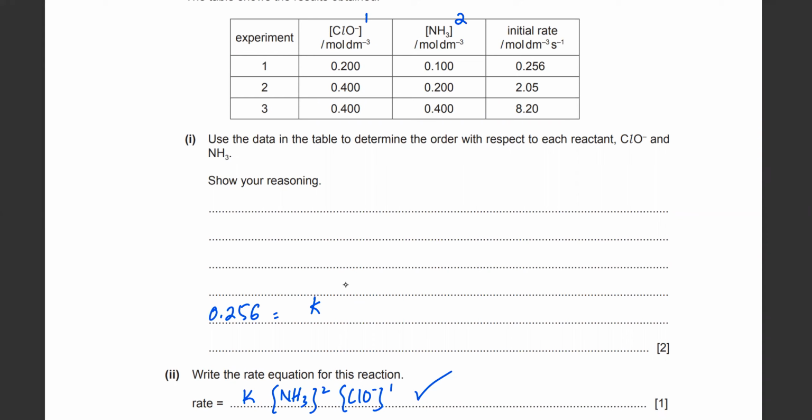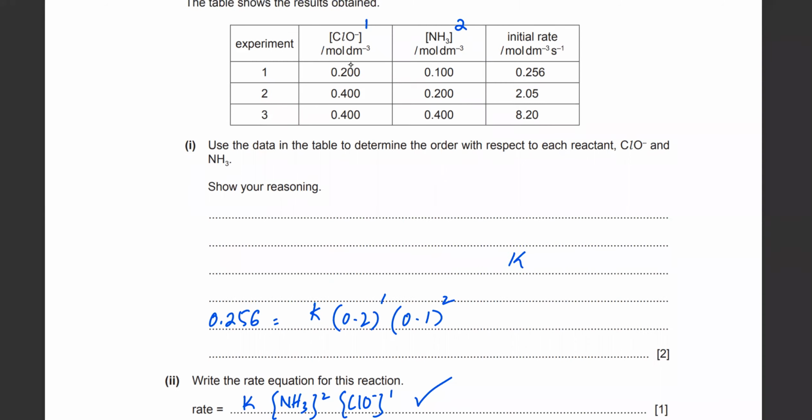NH3 concentration for experiment 1 is 0.1 squared, and ClO minus 1 is 0.2 to the power 1. So 0.1 squared is 0.01. Can you figure out the value of k? I'm getting 128. 128, okay, that's fine.